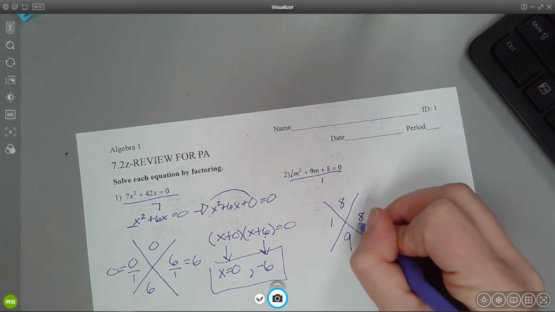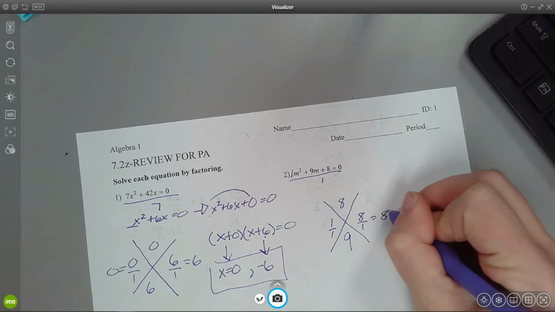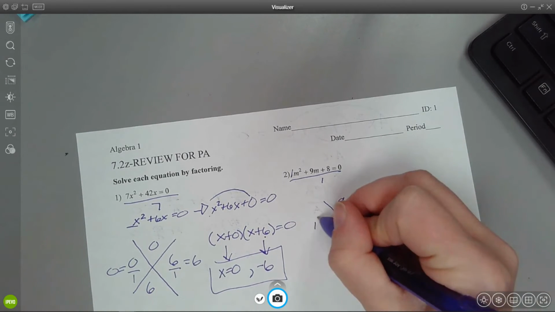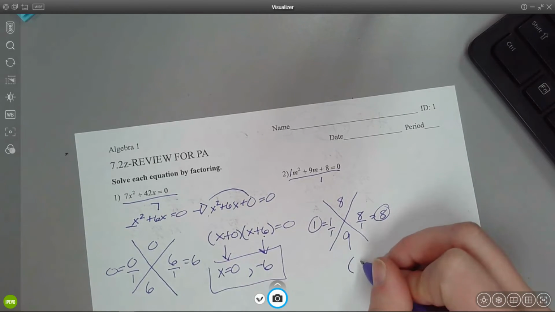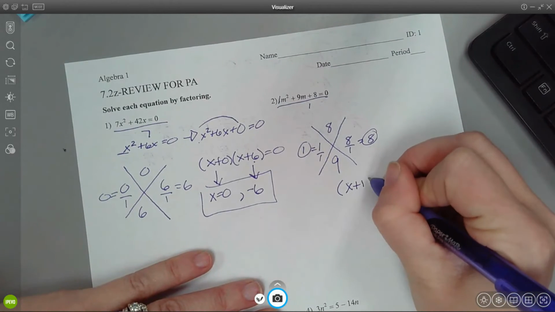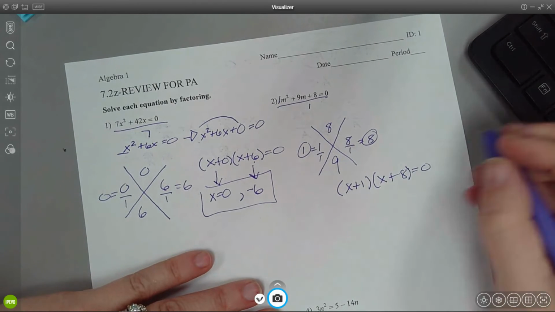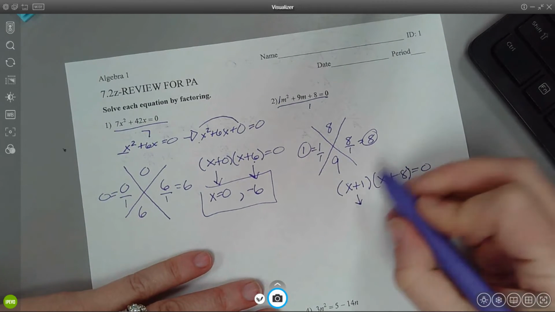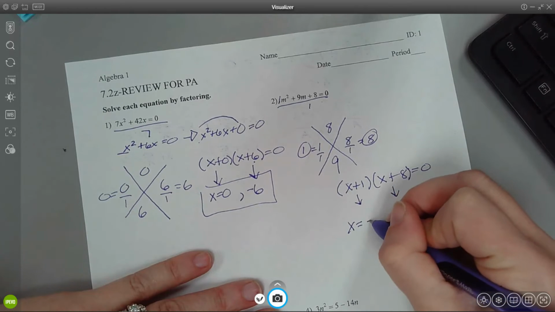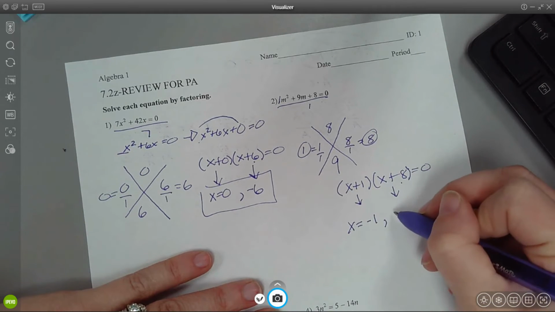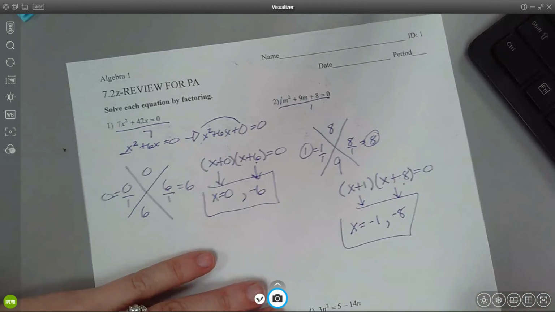Everything here is positive, so I'm going to divide by 1. That equals 8, that equals 1. So my two factors are x plus 1 and x plus 8 equals 0. Take the opposite sign, x equals negative 1. Take the opposite sign, x equals negative 8. Those are my two answers.